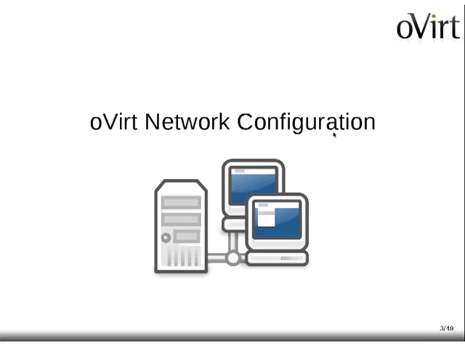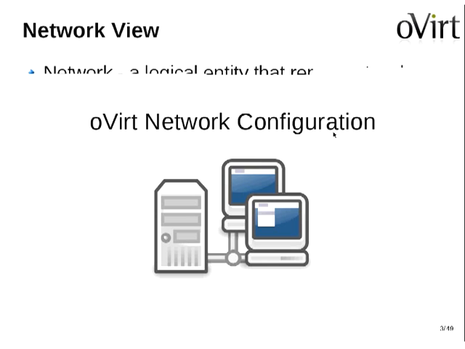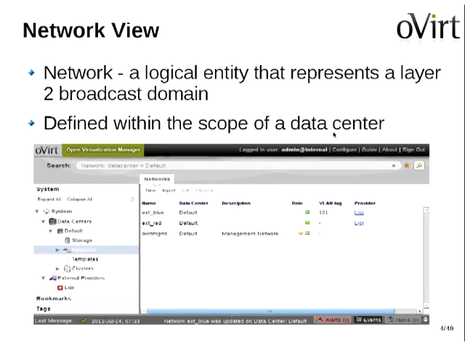All right, so oVirt network configuration. If you don't know yet, we'll go over it very briefly. A network in oVirt is a logical entity that represents a layer 2 broadcast domain. What does it mean? That if a VM, let's say, is starting or migrating, then it sends a packet after migration to let the switches know.